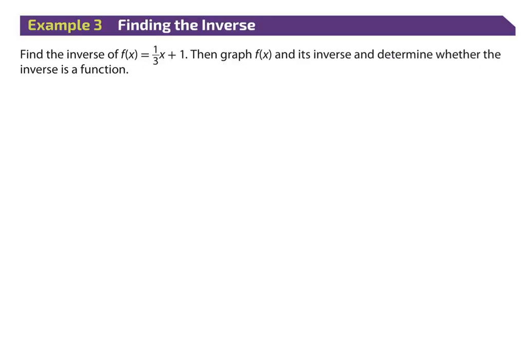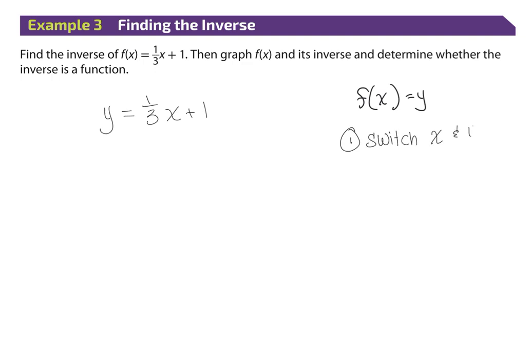And so to find the inverse, there are just some basic steps. Remember that your f of x is your y value. So when I'm finding the inverse to this function, I'm going to write it like this: y equals 1/3 x plus 1. My first step is to switch that x and y.